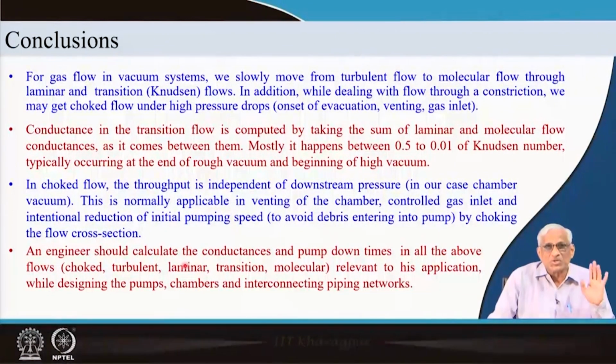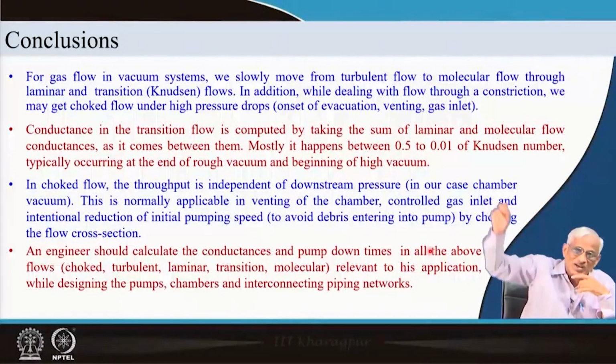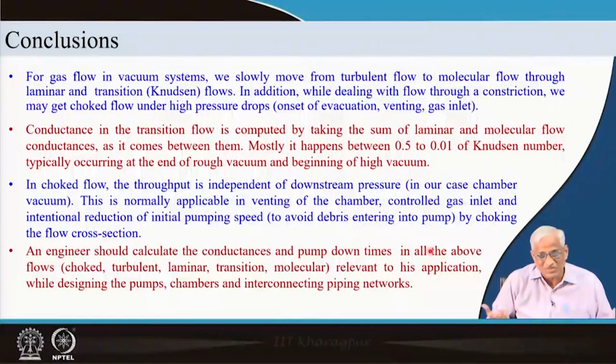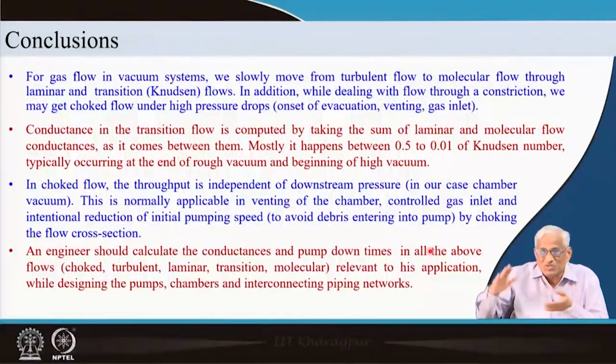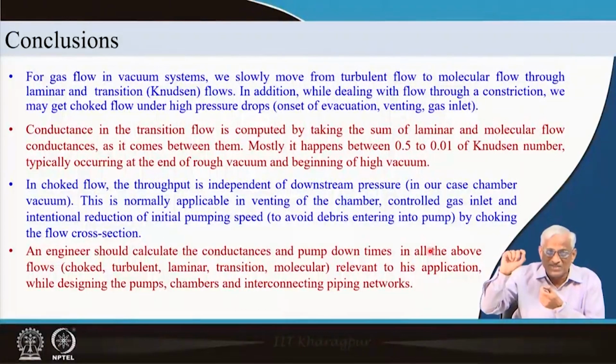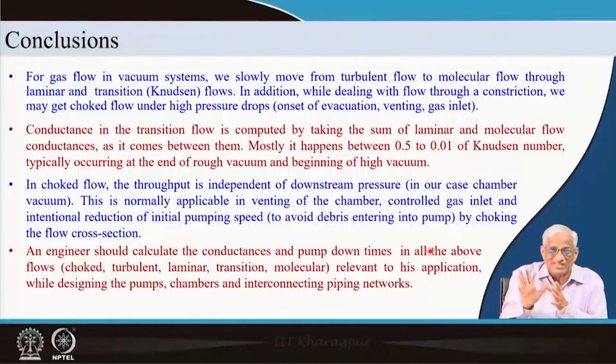An engineer should calculate the conductances and pump down times in all the situations, starting from atmosphere up to his required level. If the end vacuum is only rough vacuum, he has to take care of only a little turbulence, laminar flow and transition.